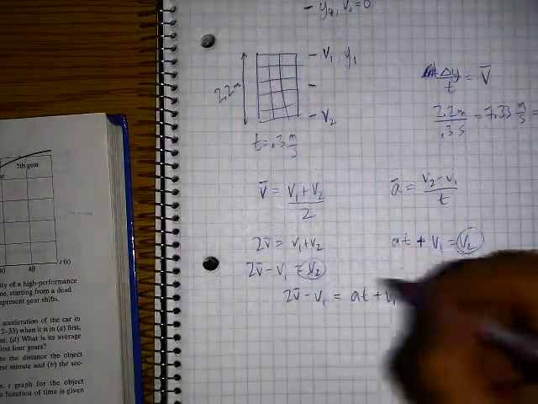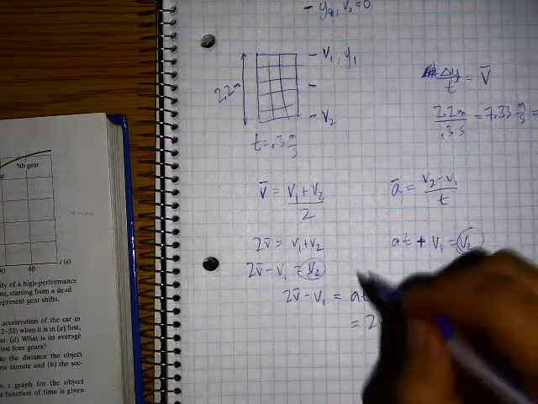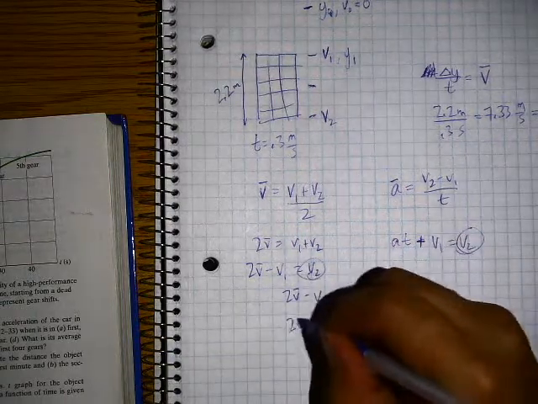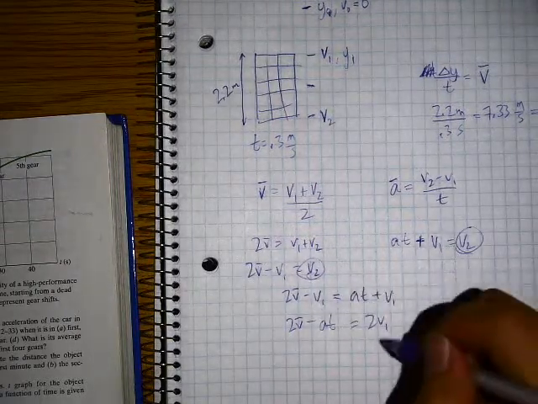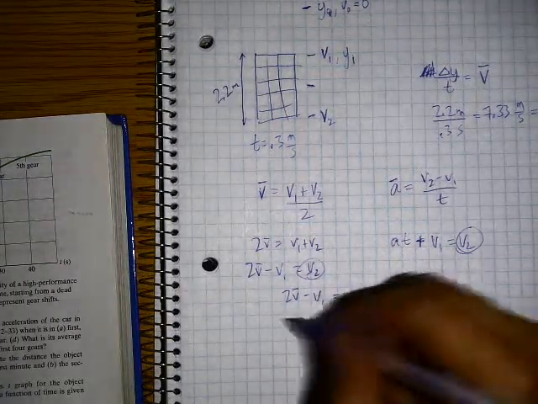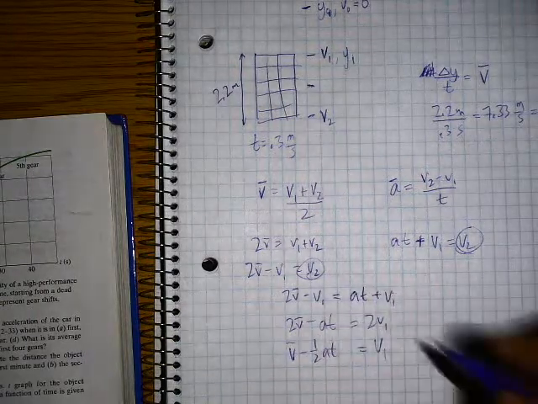We can solve that around. Solving for v1, we have 2v1 equals 2v bar, this is the average, minus a t, and divide by 2, so our velocity is one half of this, or v bar minus 1/2 acceleration times time.